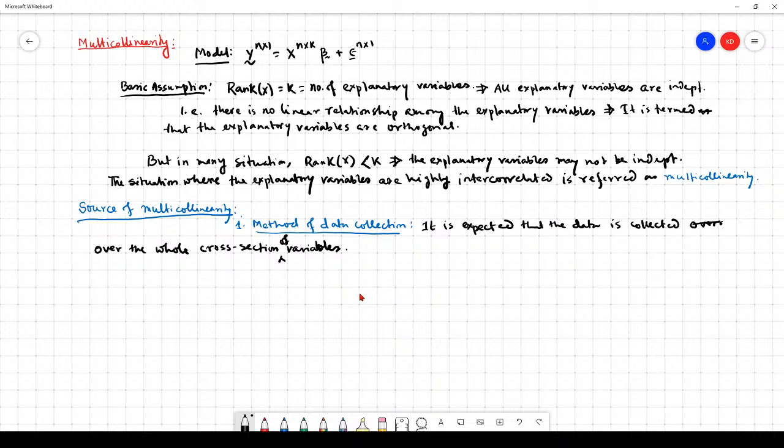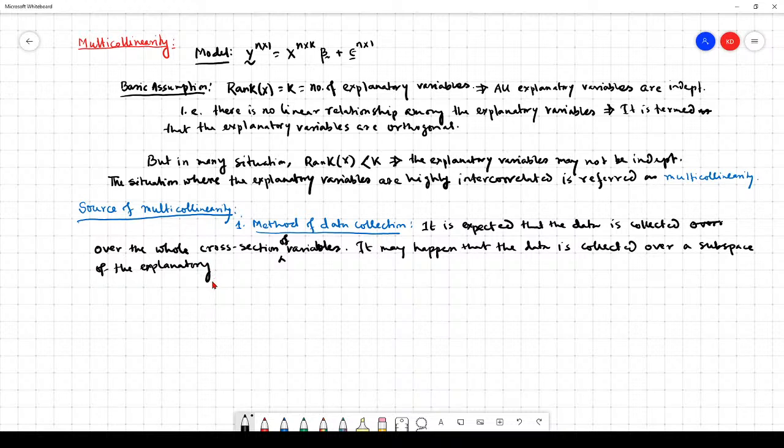It may happen that the data is collected over a subspace of the explanatory variables where the variables are linearly dependent.